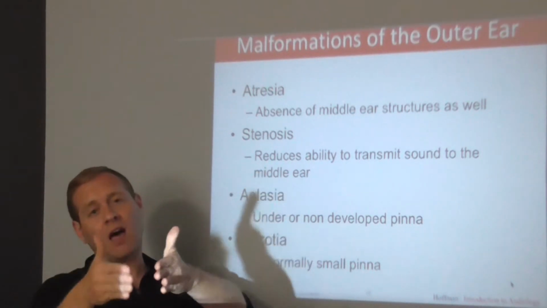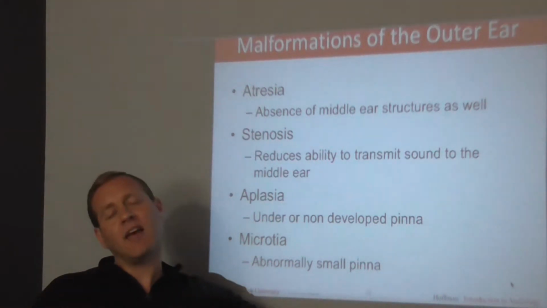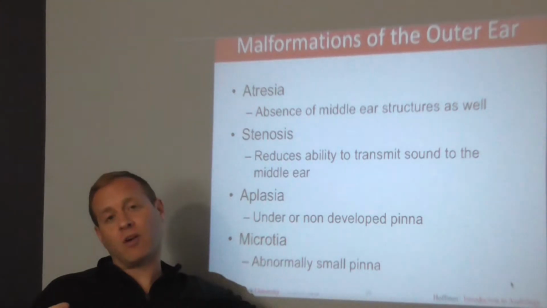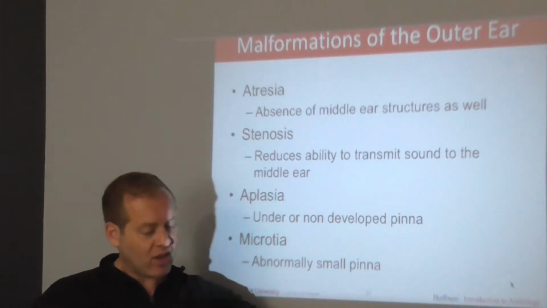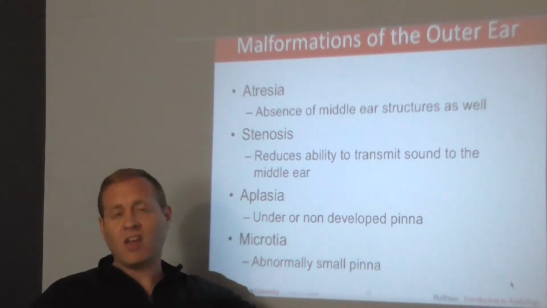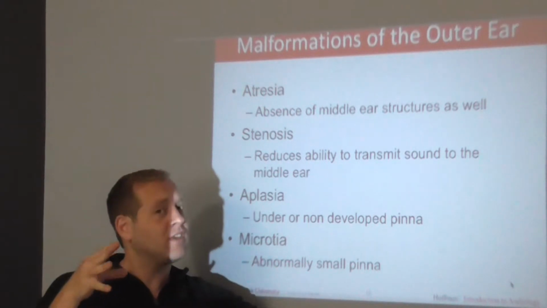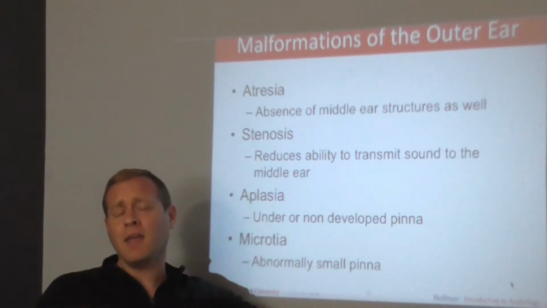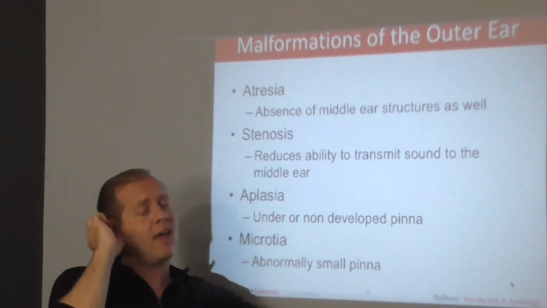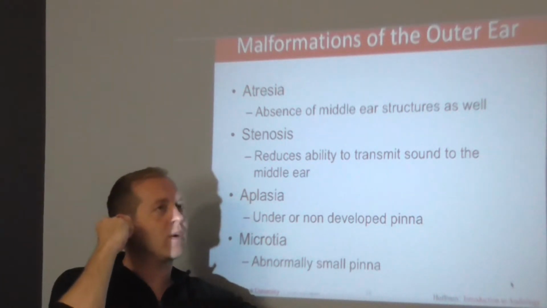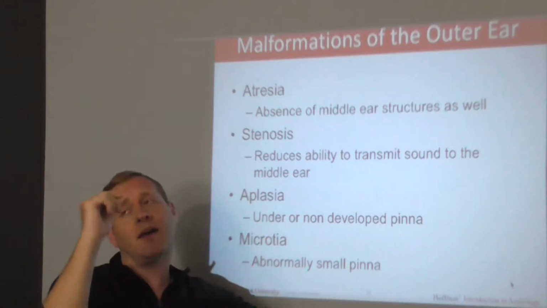So that's atresia. Atresia, stenosis. Stenosis is a narrowing of the external auditory meatus, or the ear canal, which doesn't allow for proper amplification of sound. And then finally, aplasia and microtia. Aplasia refers to any type of tissue that's underdeveloped in the body. If it's specific to the auricle or the pinna, then we call it microtia, and that's usually a malformed or unusually small pinna, okay?